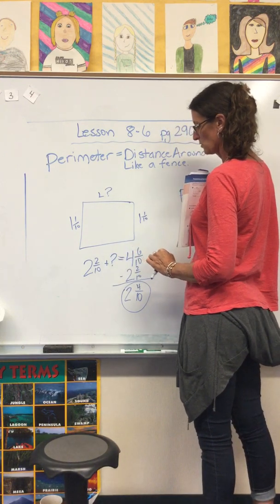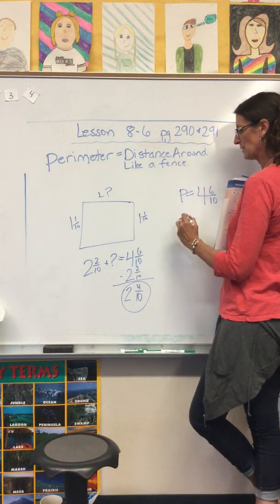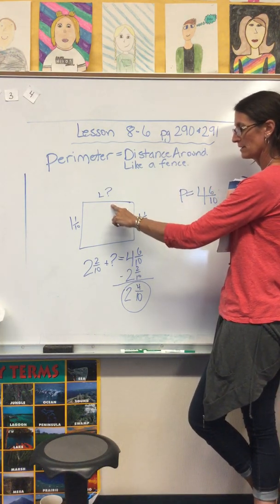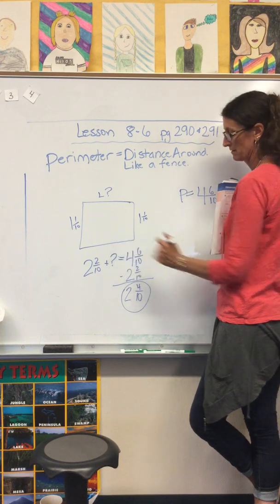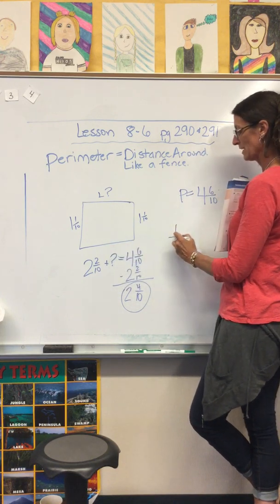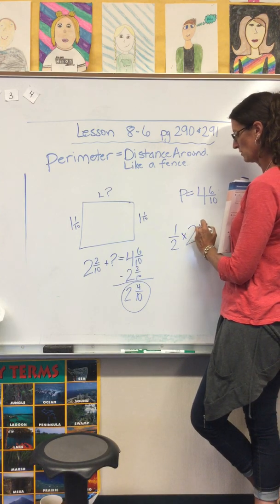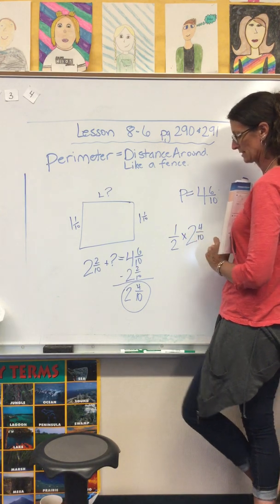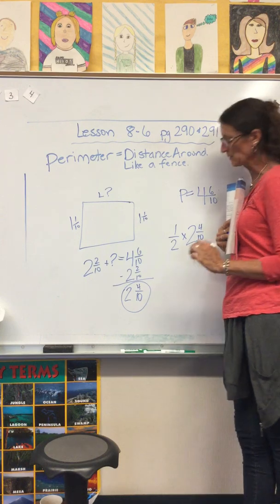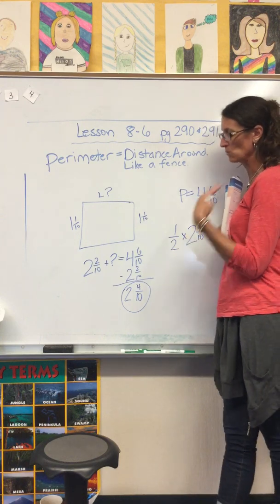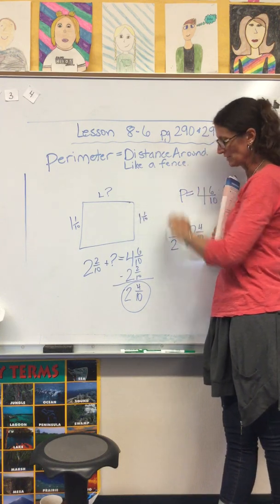Okay. So now I will come over here and I'm going to say, I know this is half of it and this is half of it. So I can do 1/2 of a group of 2 4/10. And the reason I can do 1/2 is because 1 whole would be, you just end up with the same thing.